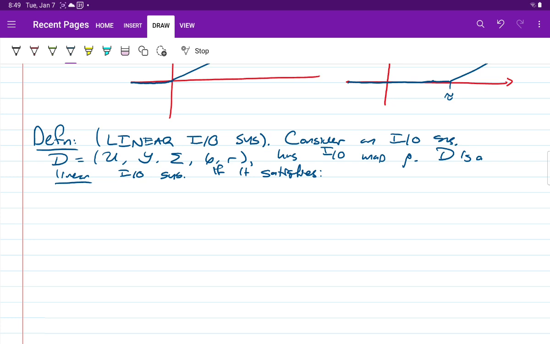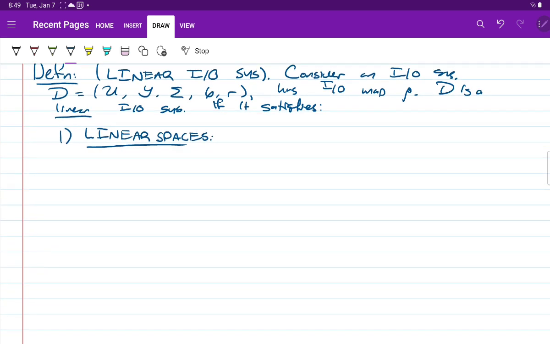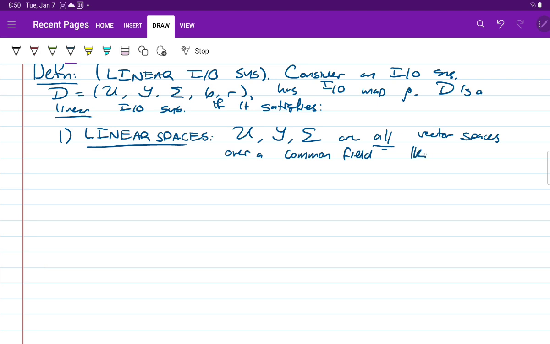So first, I'm going to say linear spaces. Okay? And what this property says is that my different spaces should just be vector spaces, all right? So I have U, Y, sigma are all vector spaces over a common field K. All right?